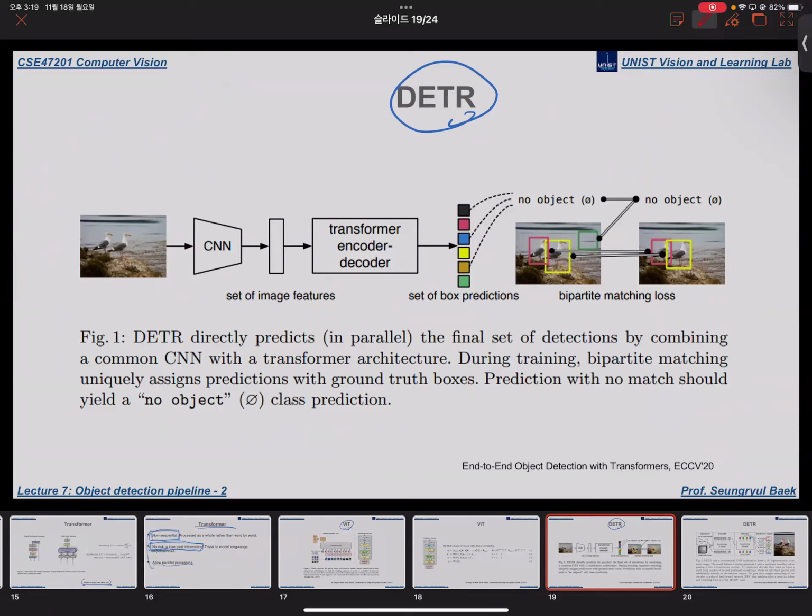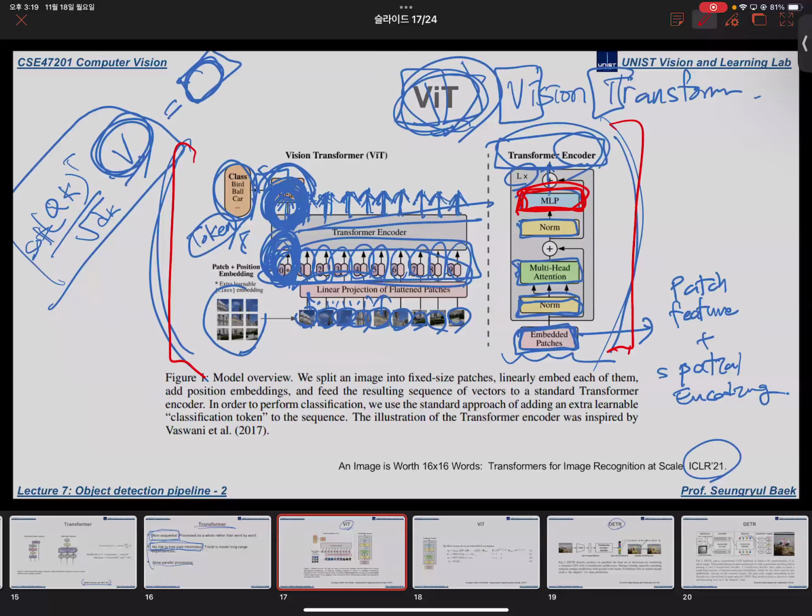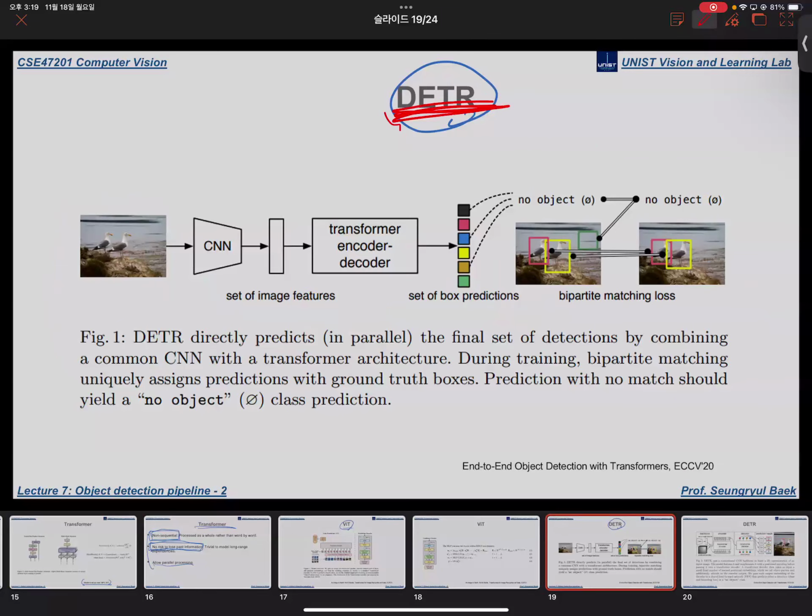And the next important thing you have to learn is the DETR architecture. The vision transformer is very simple, right? It is the architecture for image classification using the transformer. But DETR is the transformer-based architecture for object detection.